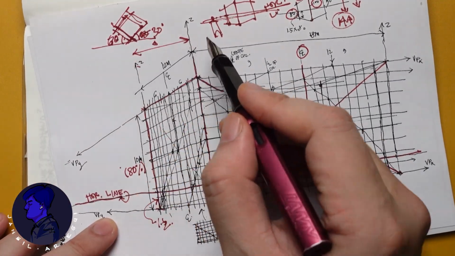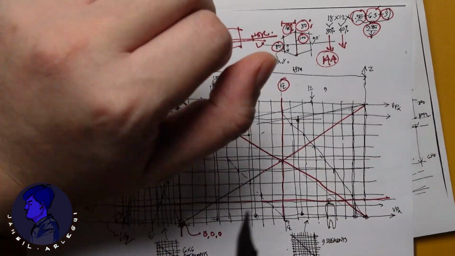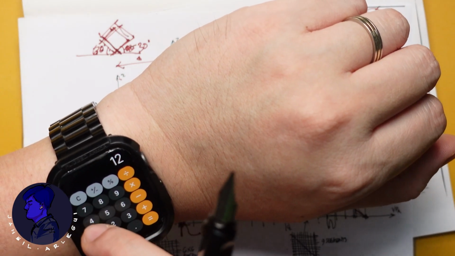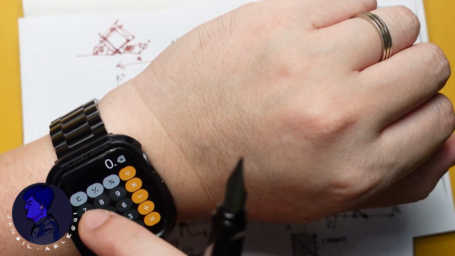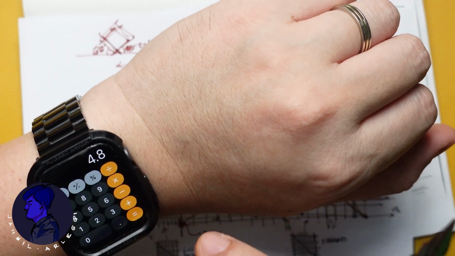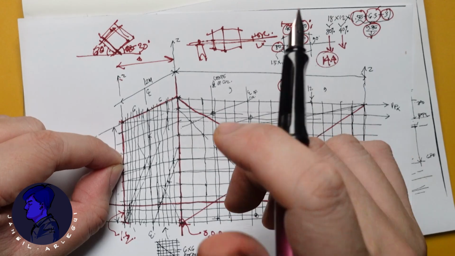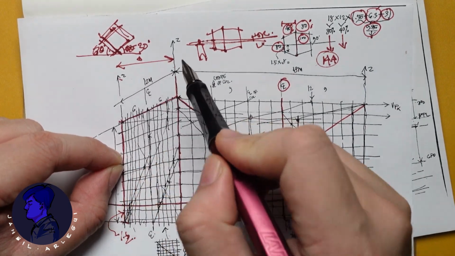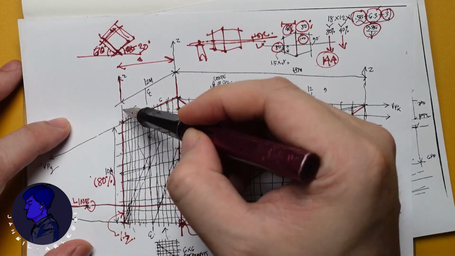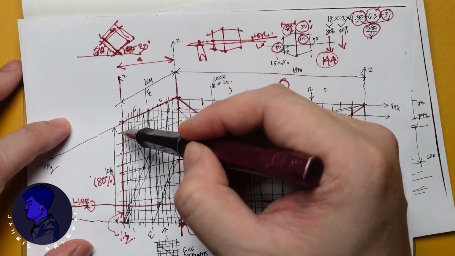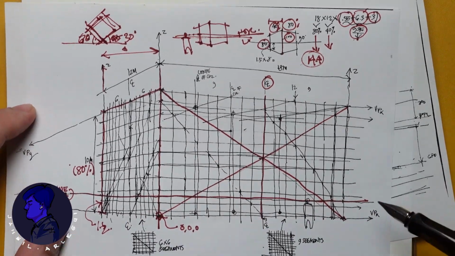So here, if the depth is 12 meters, you calculate 12 meters times 0.4, and then with your scale ruler, you measure 4.8 meters, which is 40% of 12 meters, and draw this vertical line from the 100% line.